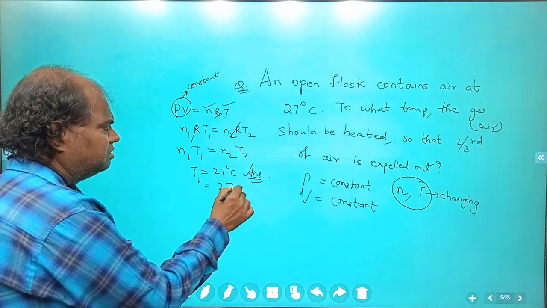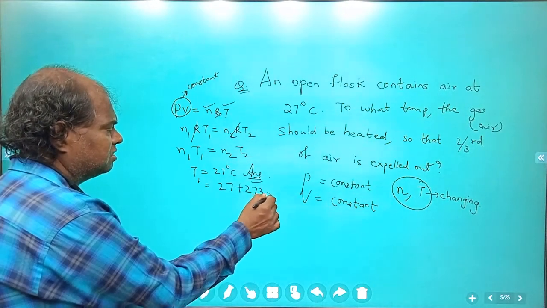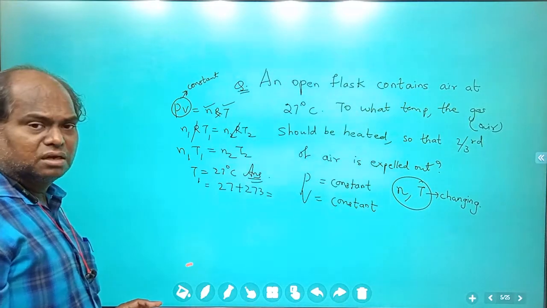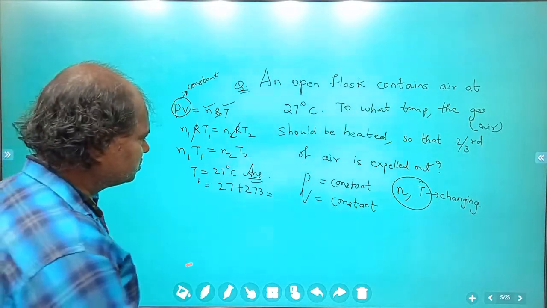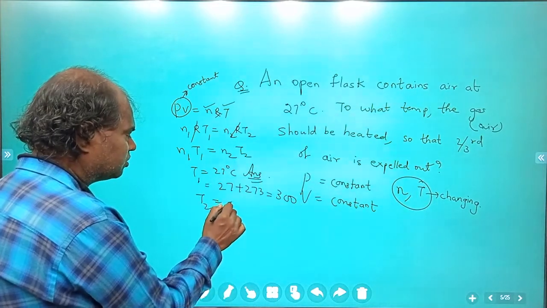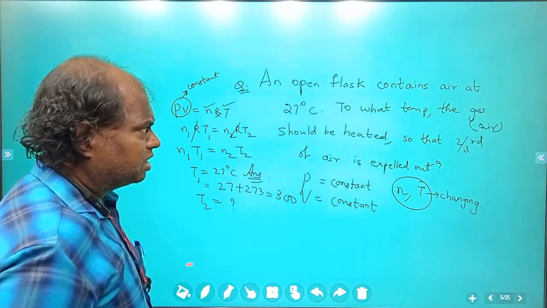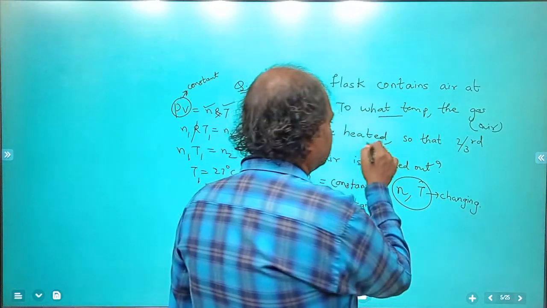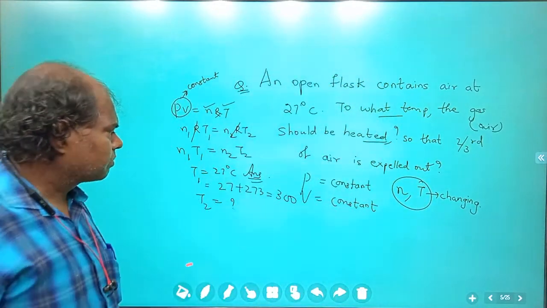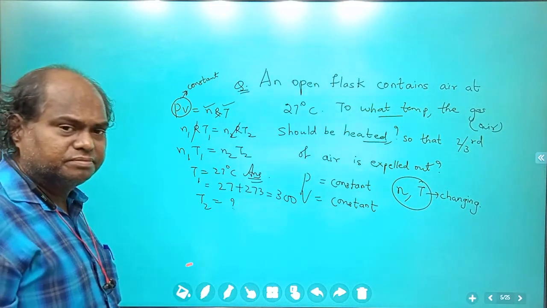So 27 plus 273. Remember, you have to convert to Kelvin, because it's very important. Only then you can do the sum. 27 plus 273 is how much? 300, right? So T2 only you don't know, students. They're asking to what temperature the gas should be heated. So T2 is not known. Okay. T1 you know, 300.